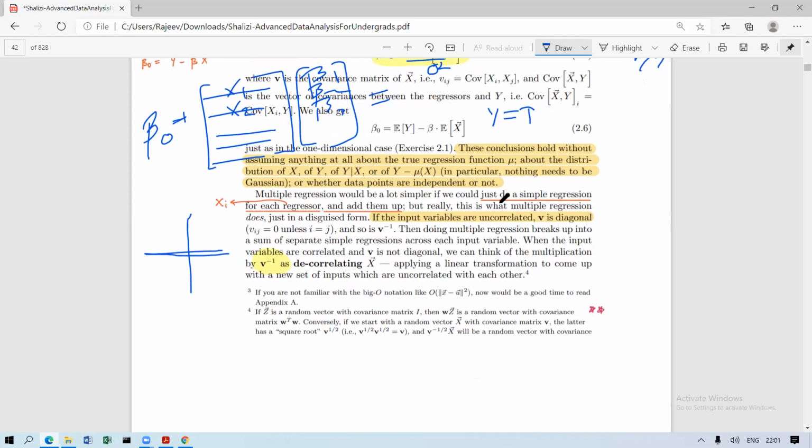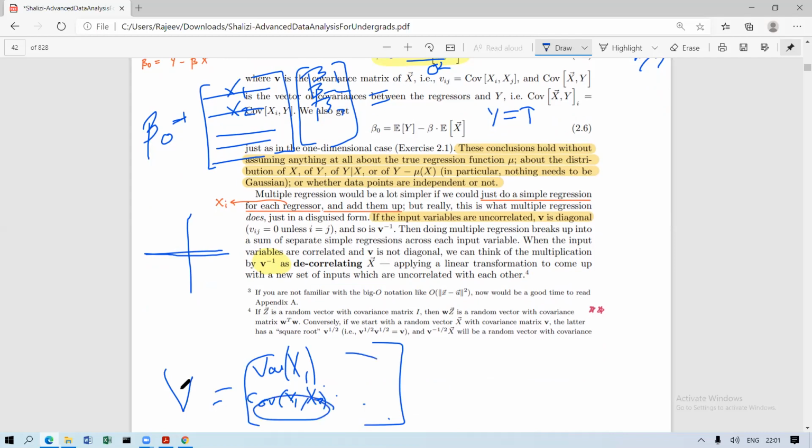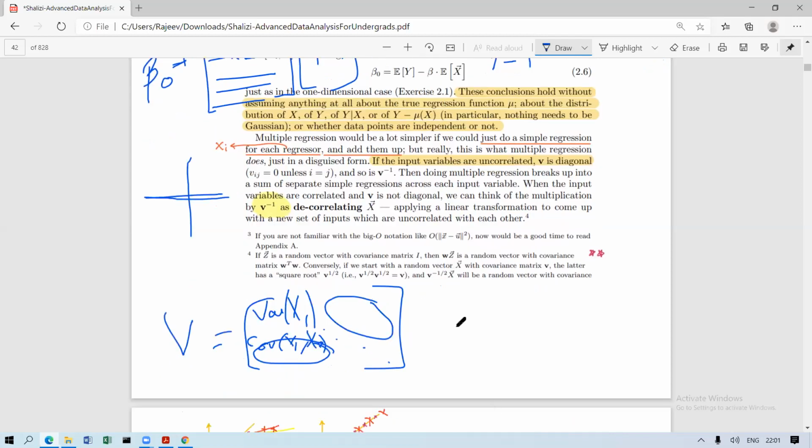So if the input variables are uncorrelated, V is diagonal. As I told you earlier, V has the variances of x1 and so on on the diagonal, and the off-diagonal entries are covariances. But if all dimensions are uncorrelated with each other, all of these come down to 0. The entire off-diagonal part is 0, and you are left with just the variances on the diagonal.